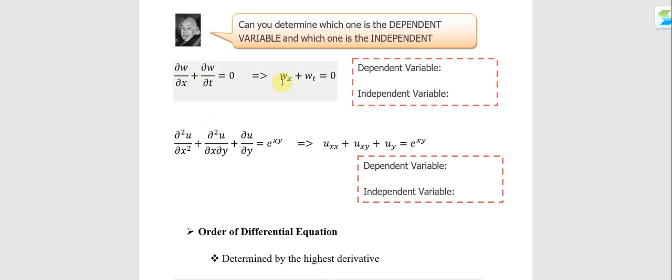Here we can write it as w with respect to x plus w with respect to t equals 0. From this equation, we know that w is the dependent variable and these two are the independent variables. The same goes with this one: u is the dependent variable and x and y are the independent variables.